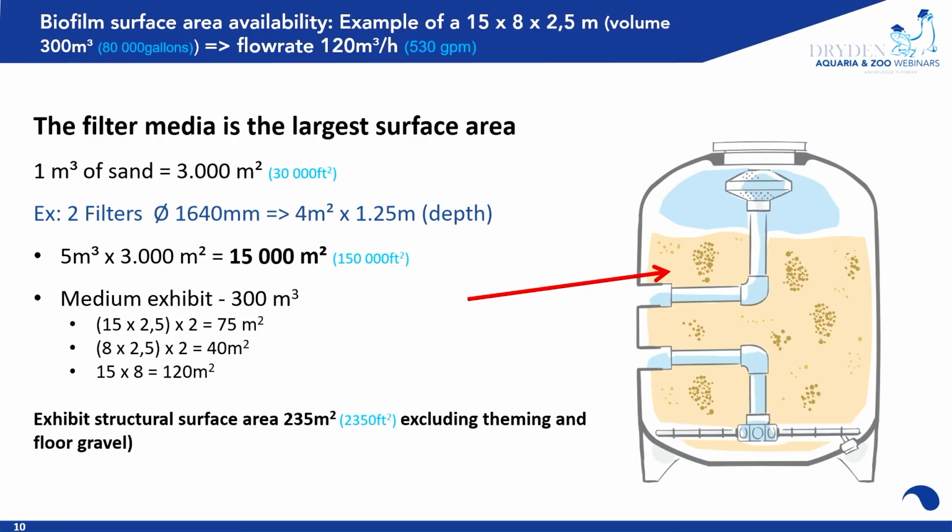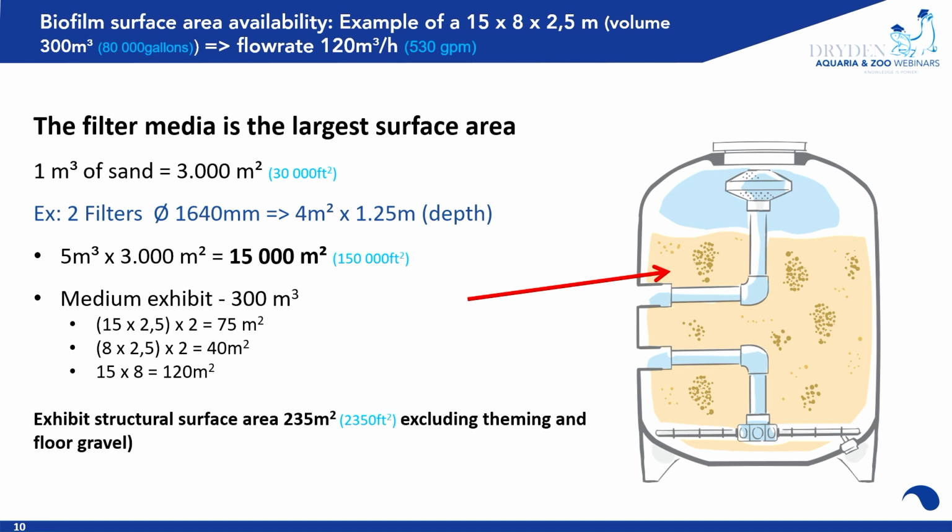We said that sand has a huge surface area. On you go, Mike. Yeah, so let's quantify: if we put that into a 300 cubic meter aquarium, with a volume of 300 cubic meters or 80,000 gallons estimated, with a turnover of around 3 hours, then we're looking at 2 filters required at 1.6 meter diameter.